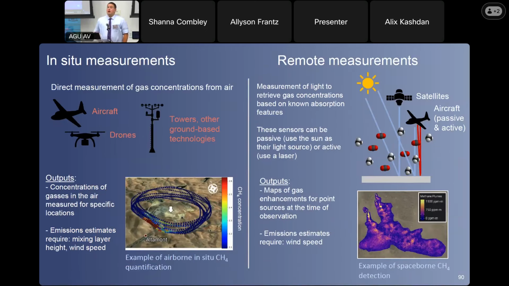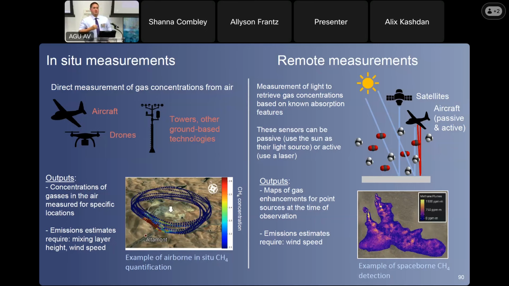So how do we measure these point sources? For in situ measurements, we can take direct samples of the atmosphere, either ground-based or aircraft-based. So there are concentrations in an XYZ space. We can use that to estimate emission rates with some assumptions regarding mixing layer heights and wind speeds. The figure on the left shows one example of that methodology, doing a corkscrew at different altitudes to quantify methane emissions from a landfill.